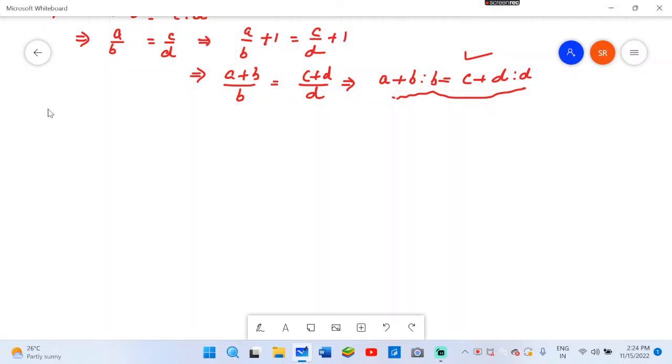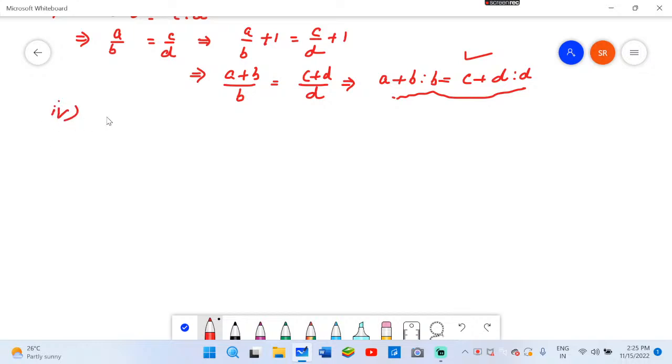Then the next property is dividendo. If A is to B is same as C is to D, this must give me A minus B is to B. We put in brackets to avoid confusion.